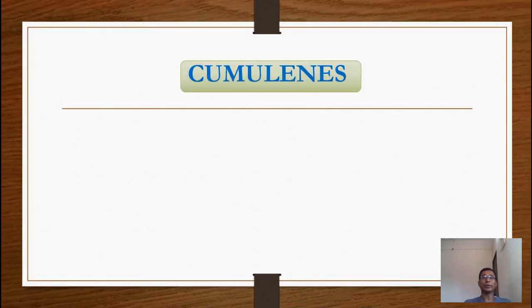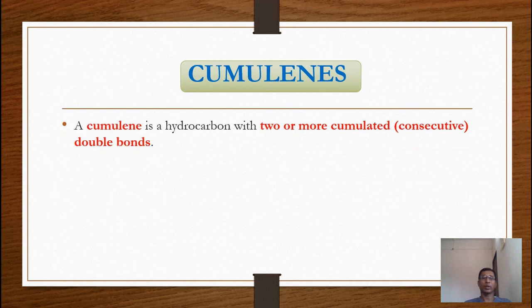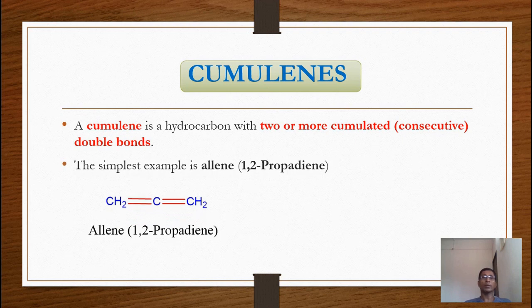Okay, let us see the IUPAC nomenclature of cumulenes. What are cumulenes? A cumulene is a hydrocarbon with two or more cumulated double bonds. The simple example of a cumulene is allene. In this case, the middle carbon atom is attached to the two double bonds.